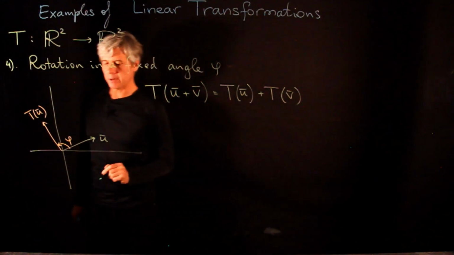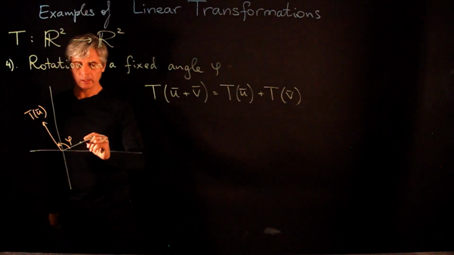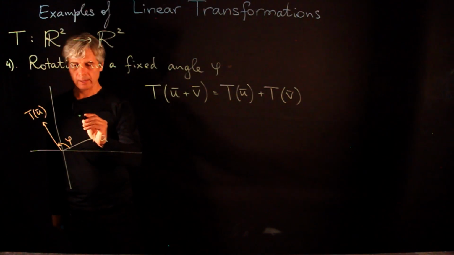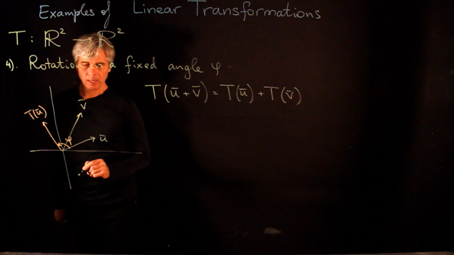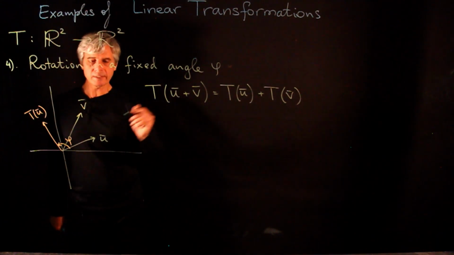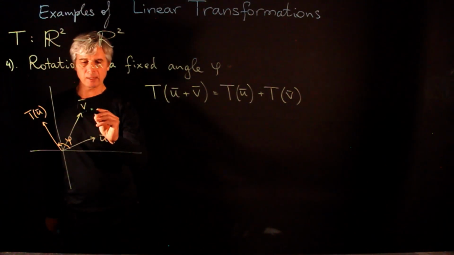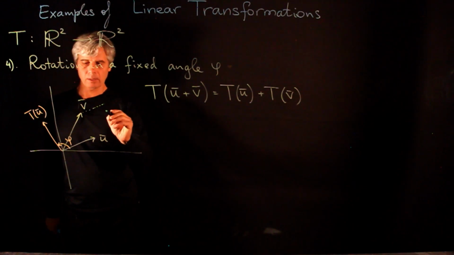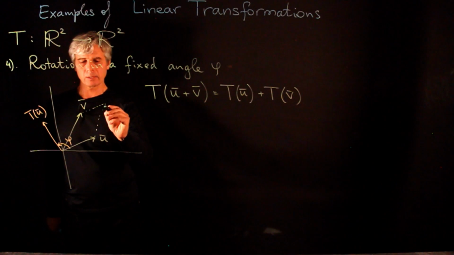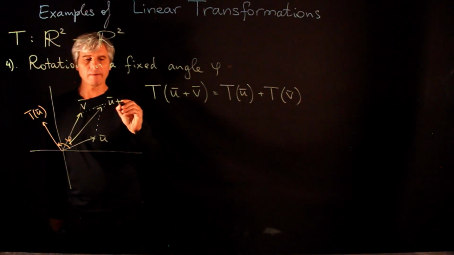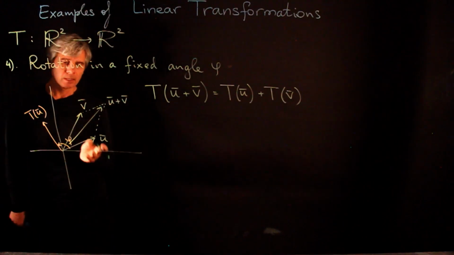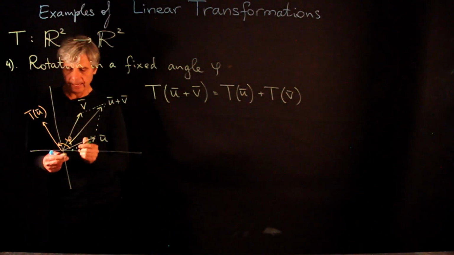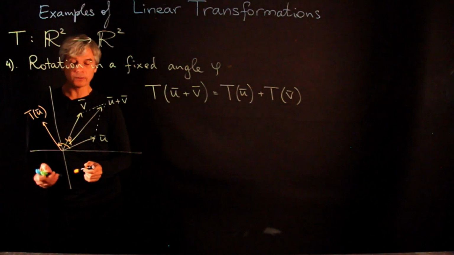How do we verify this? We take two vectors, u and another vector v. Again, u plus v is obtained using the parallelogram rule, so this vector here is the vector u plus v. Now, let's take this parallelogram and rotate it by angle phi.